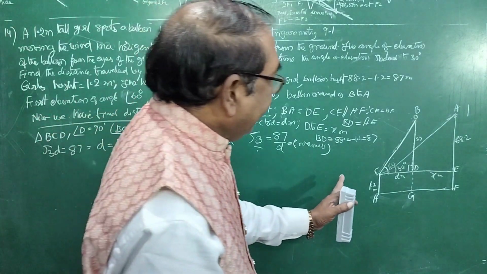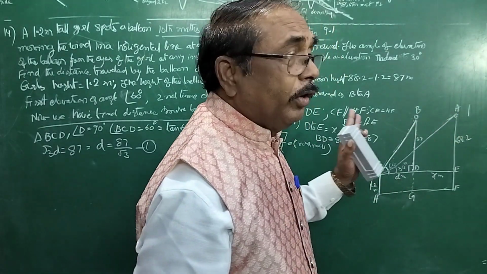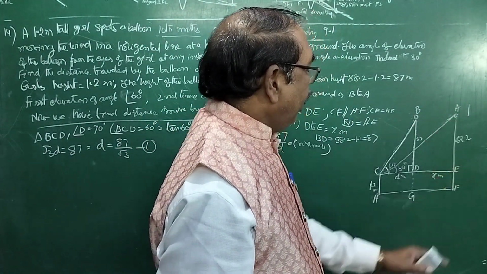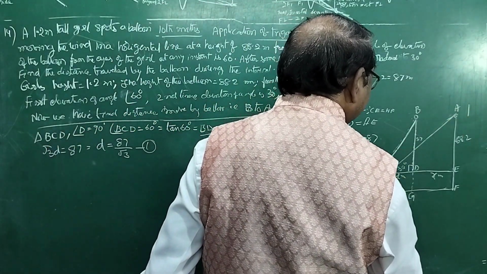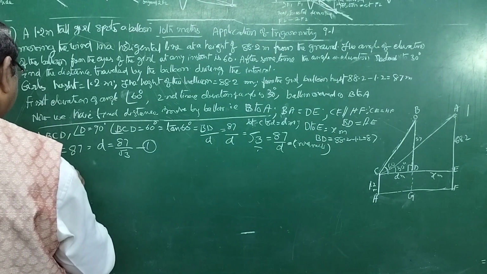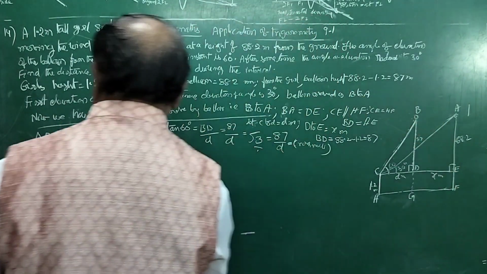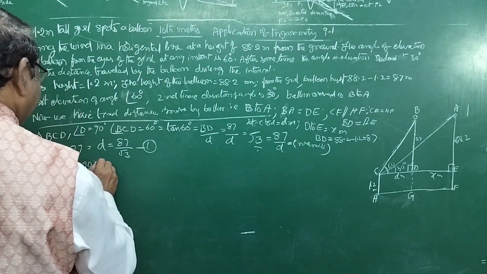Next, he moved somewhere else away and looked at the balloon at 30 degrees. Now that is triangle ACE. In triangle ACE, angle E is equal to 90 degrees.